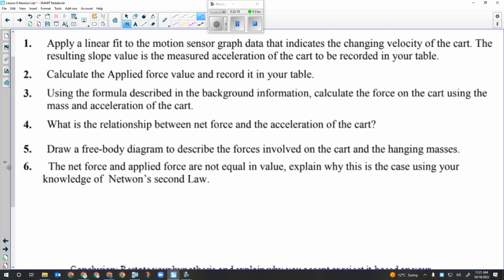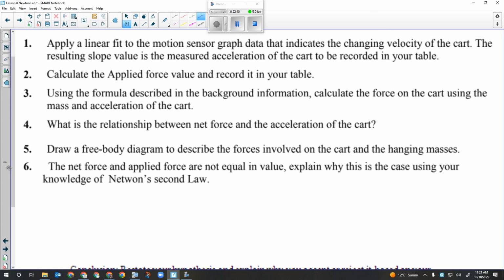Think about, if your net force was less than this, what does that mean was going on here? If your net force was greater than this force, think about what that meant for moving along here. Those are the things we have to consider. I actually did show you both of those situations at the beginning of class. Think about what other forces might have been present to cause that.